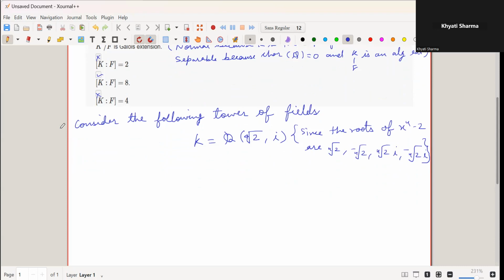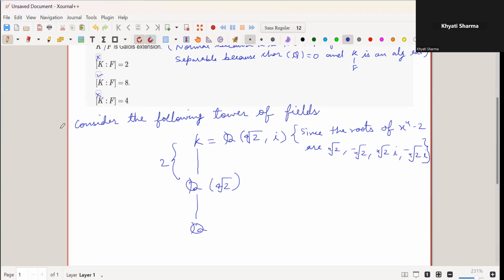This is an extension of the field Q adjoining the fourth root of 2. The degree of this extension is 2 because iota satisfies x^2 plus 1 over this field, and iota is not inside this field.